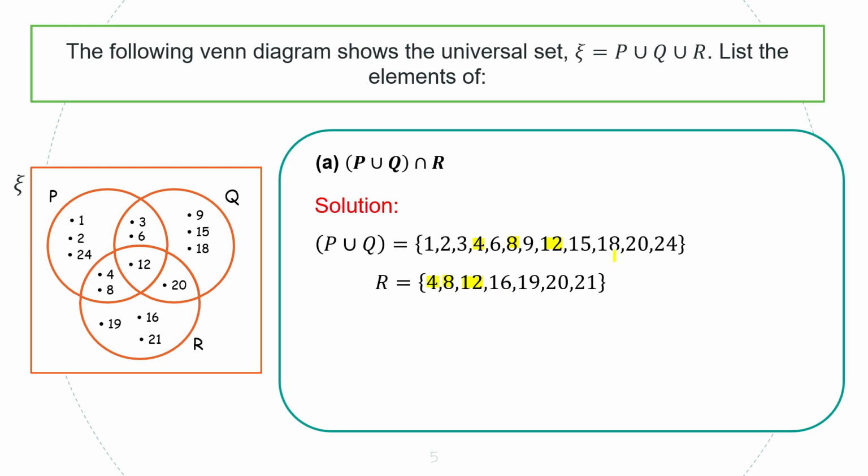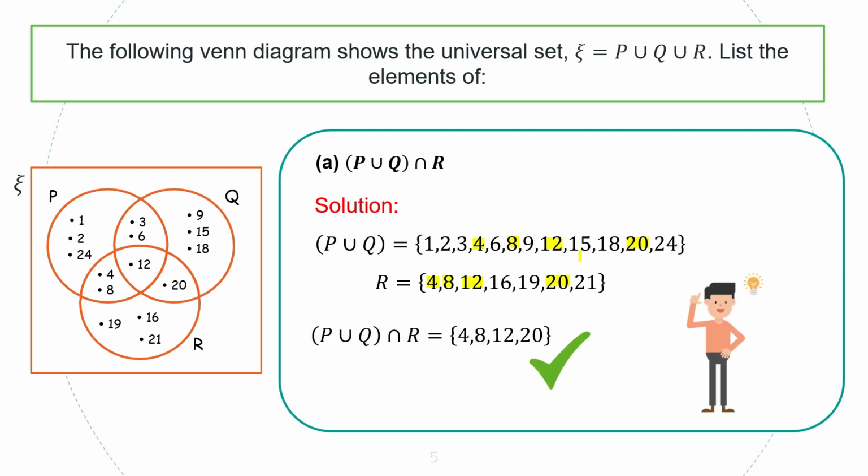Okay, 15 is not the common element, 18 is not, and then the last one is 20. 20 is the common element. So the answer is 4, 8, 12 and 20. Okay, this is the element of bracket P union Q intersect R.